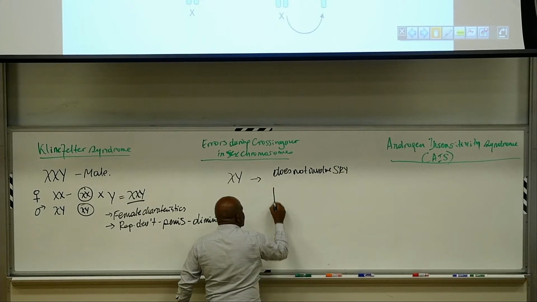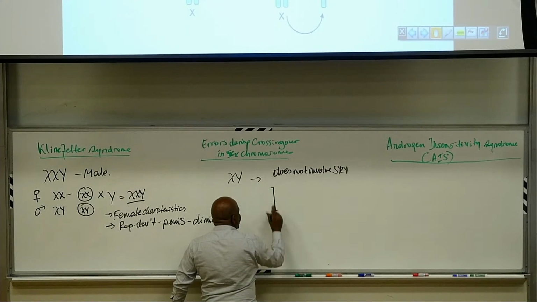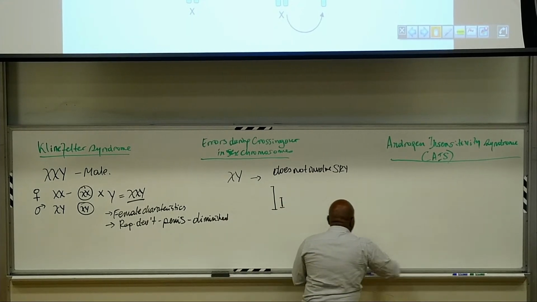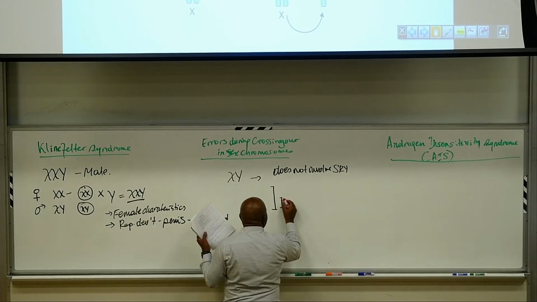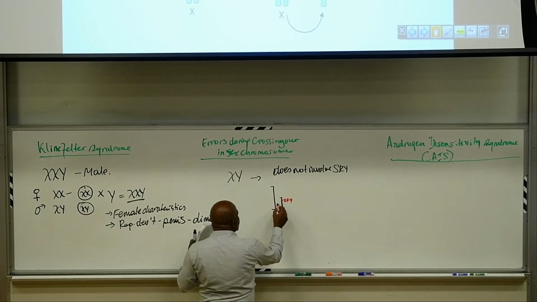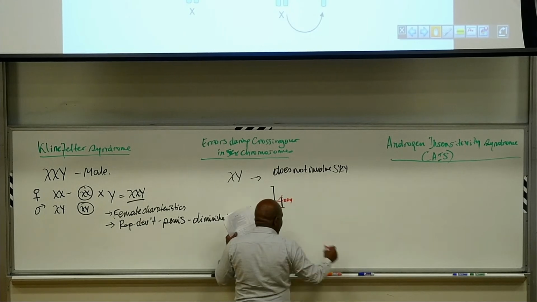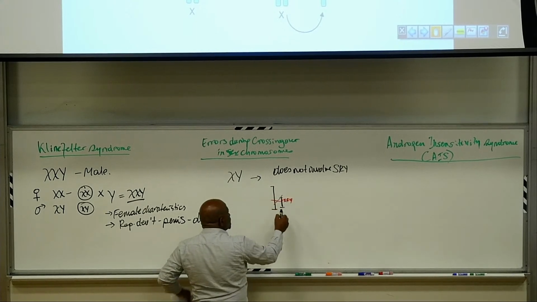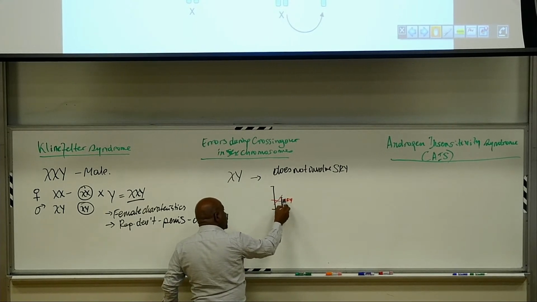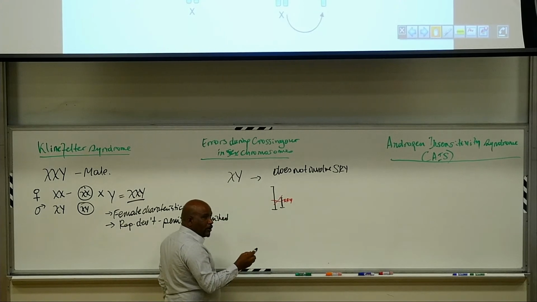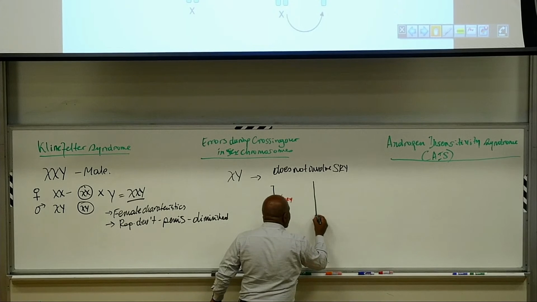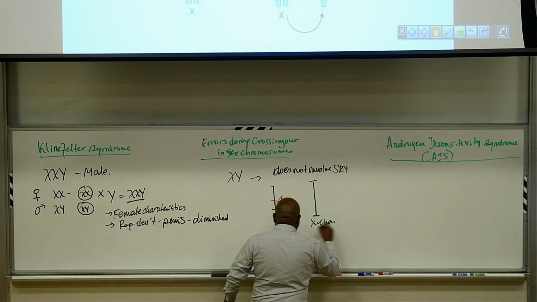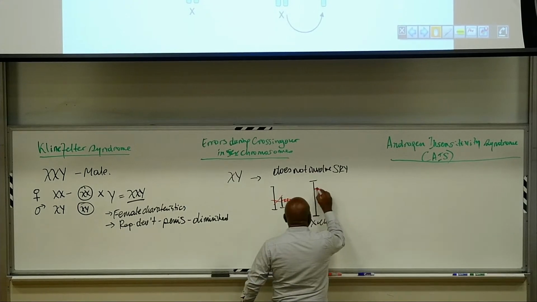So if you have here the SRY gene in the Y chromosome, when crossing over happens, under normal circumstances this crossing over will not involve the SRY gene on the Y chromosome. However, sometimes this will involve it and result in an X chromosome having the SRY gene on it.